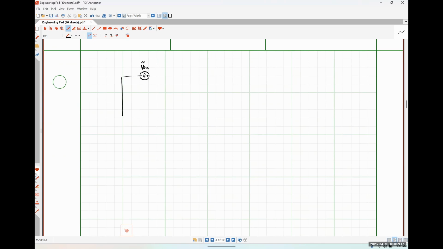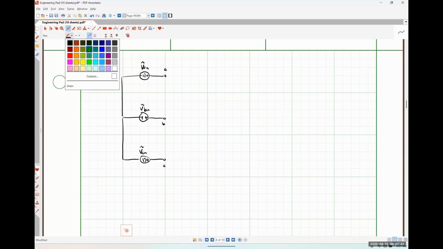So here's our phase voltage VAN. Here's VBN. And here's VCN, right? Where this is terminal A, B, and C. This is my line to line voltage VAB, okay?